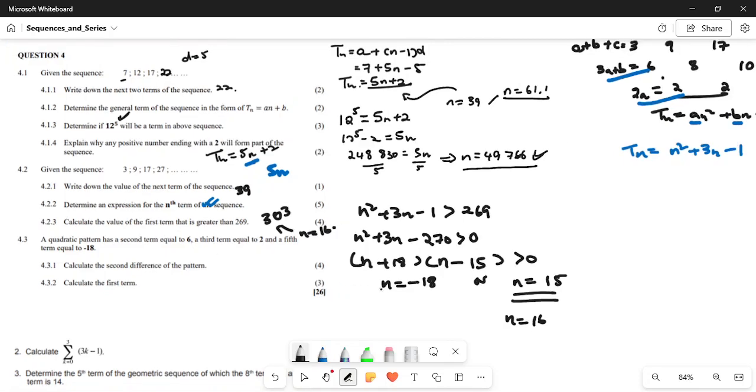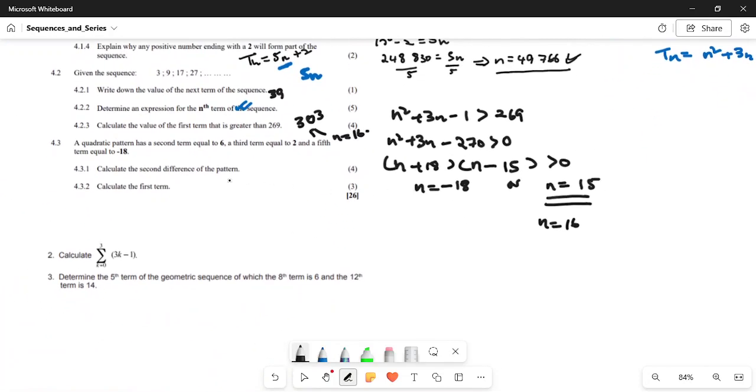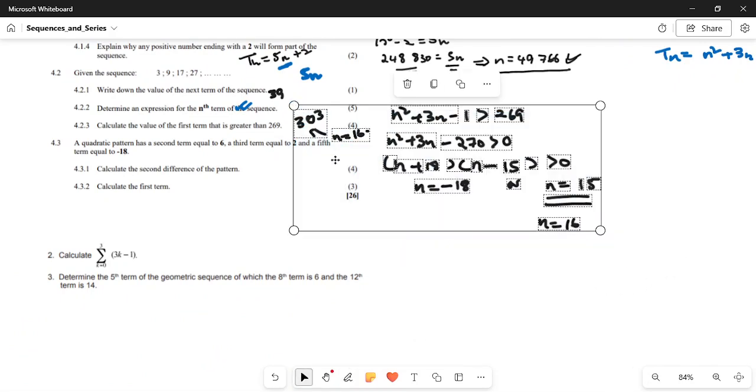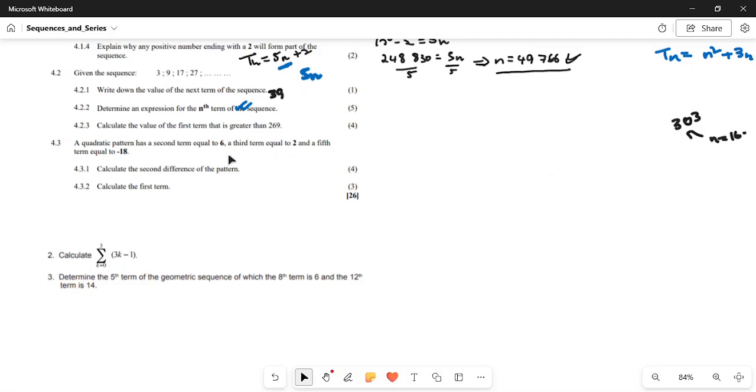Okay, now moving on to another question, question 4.3, which is part 3 of this question. 4.3, a quadratic pattern has a second term equal to 6, a third term equal to 2, and a fifth term equal to minus 18.